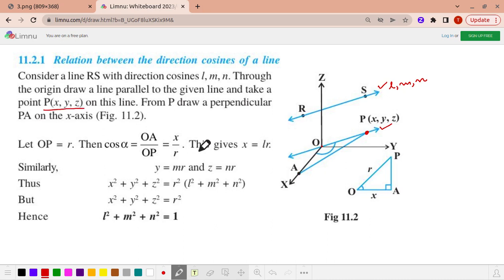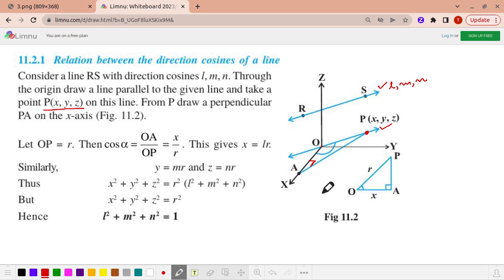From the point P, we draw a perpendicular PA on the x-axis. So that means this angle is actually 90 degrees, though it doesn't look like it. But if you think from the three-dimensional point of view, you will find that angle OAP is actually 90 degrees. How come? Because the point P is in three-dimensional space, and from that point P you are drawing a perpendicular on the x-axis, and A is the foot of that perpendicular.